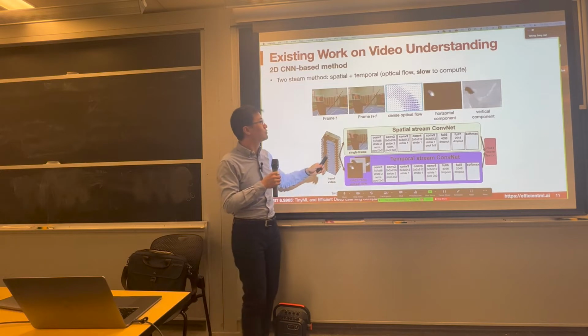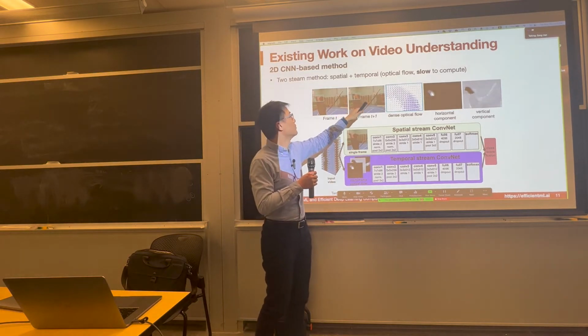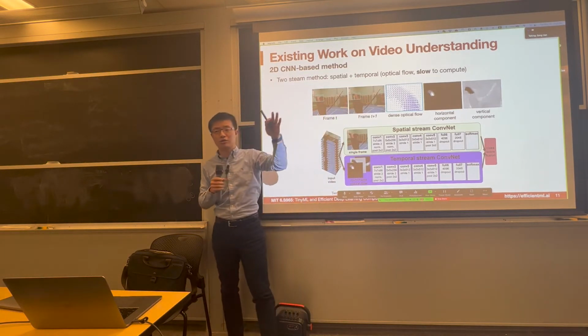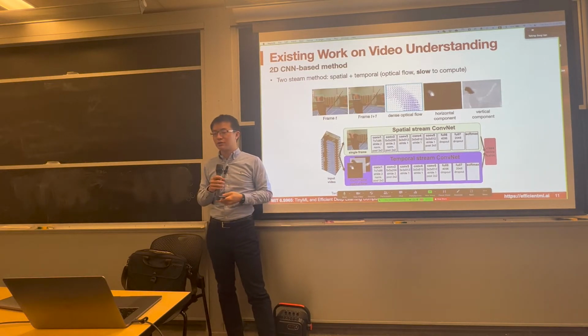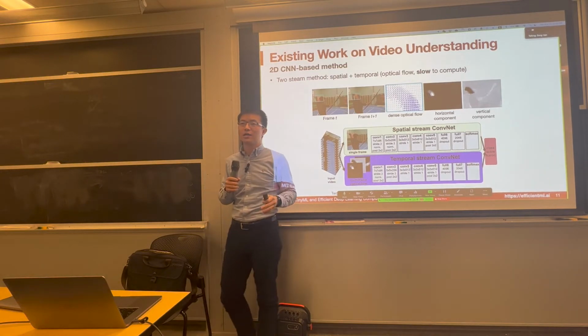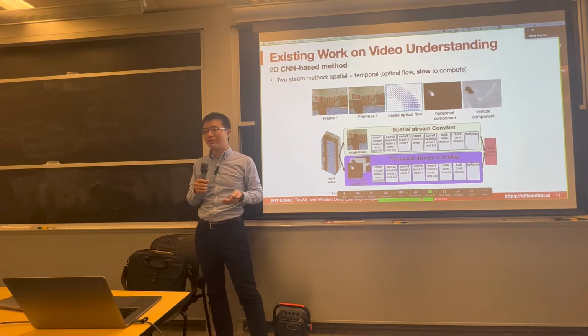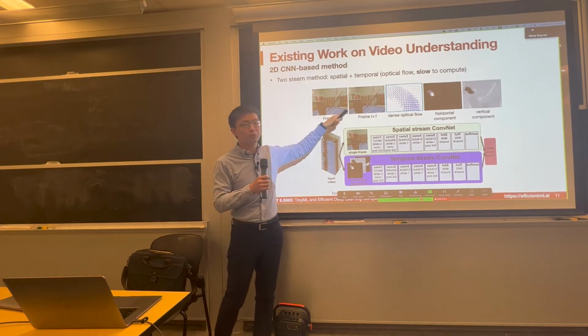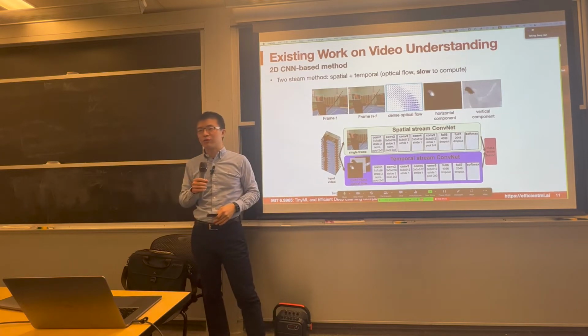For example, if this person is moving something, it's going to show the direction of each pixel. So that captures some low-level information between the movement from the previous frame and the next frame.